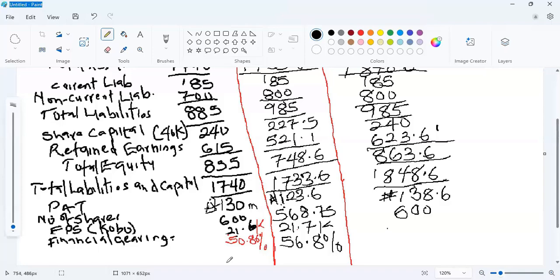What is the earnings per share? 23.1 kobo. The financial gearing, total liability divided by total assets.